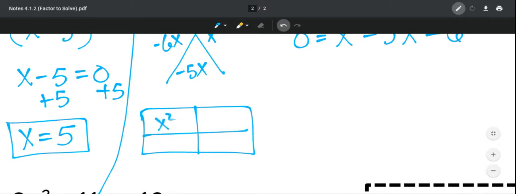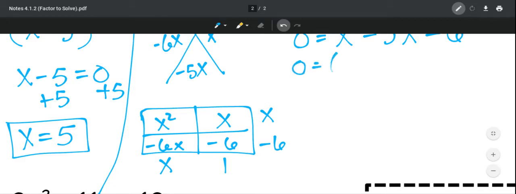So then my box, I get x squared, and I get minus 6, negative 6x and x. So I take out an x, take out a negative 6, an x, and a 1. So that means my factors would be x minus 6, x plus 1.